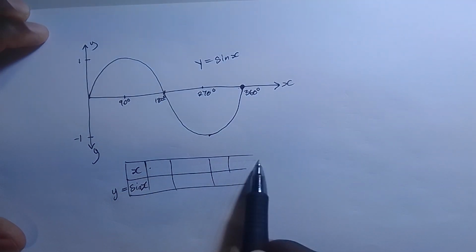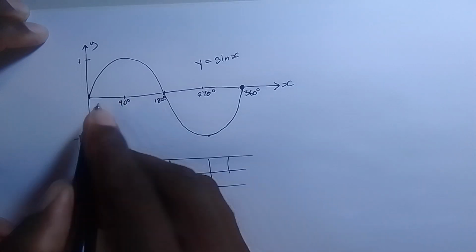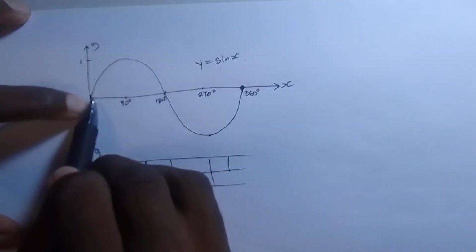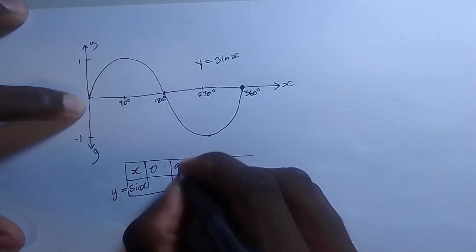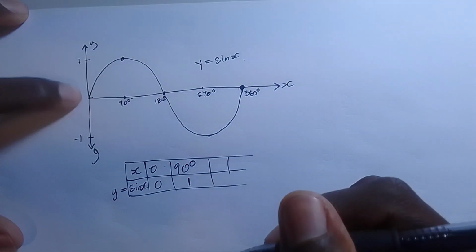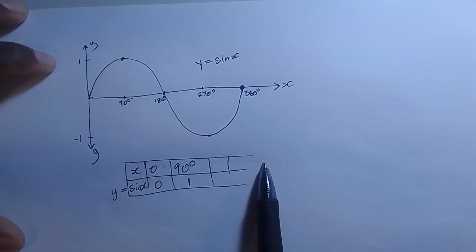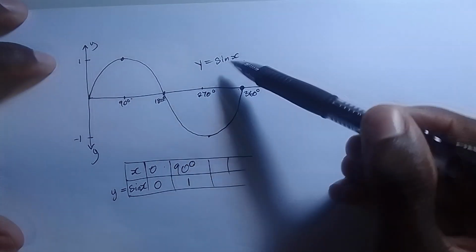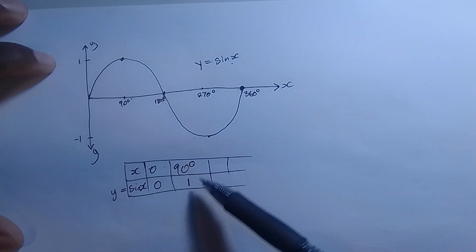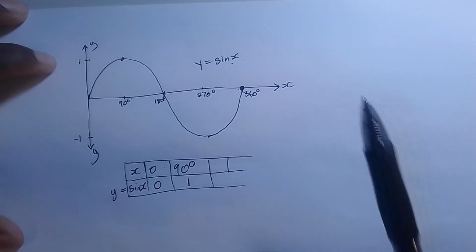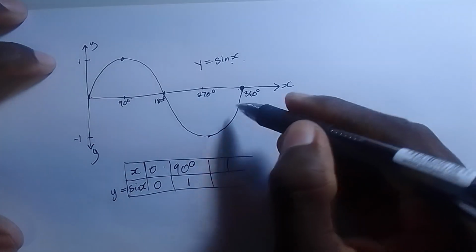If you put 0 on sine, you'll get 0. If you put 90 on sine, you'll get 1. So basically, if you draw a table, write the x values here and substitute them into sine, you'll get ordered pairs that will result in the formation of this shape, which is the sine graph.